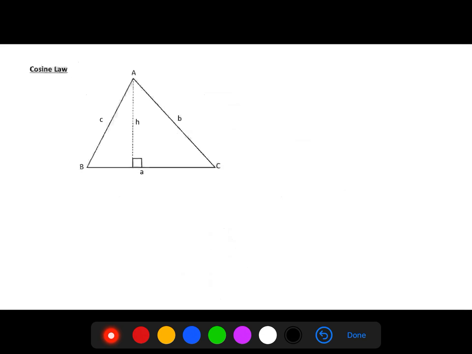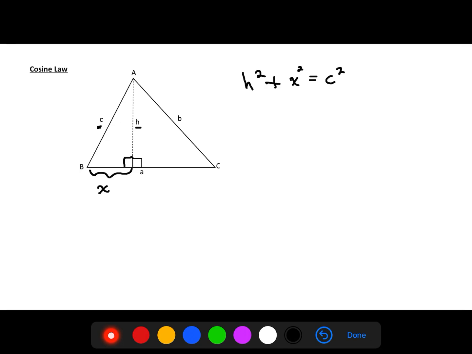Cosine law. Again, coming up with our cosine law from our non-right angle triangle using our height, we notice that in the left triangle, height squared plus this little piece in here, which we're going to call x, so height squared plus x squared is equal to c squared.